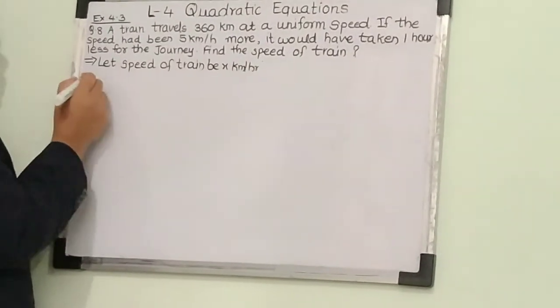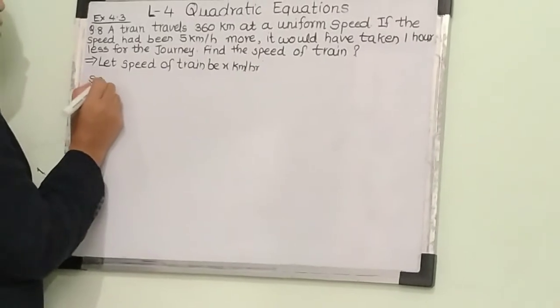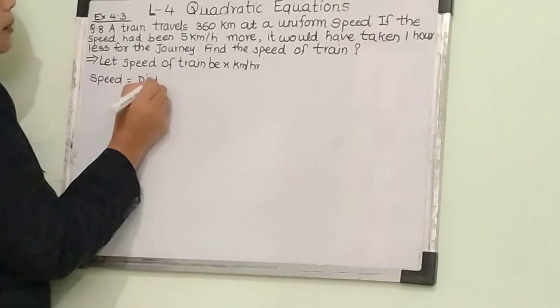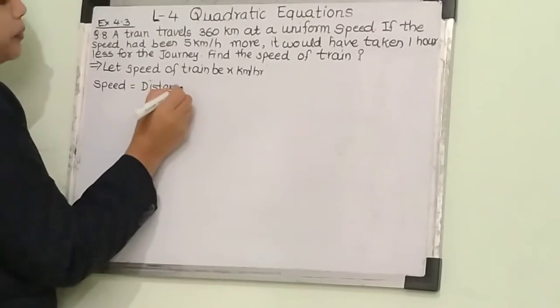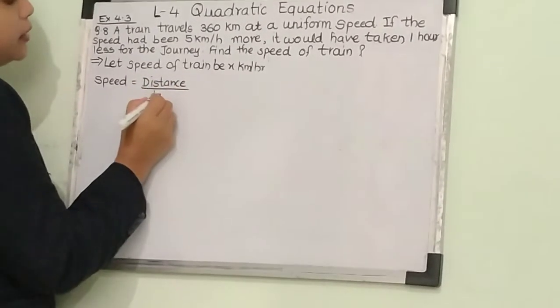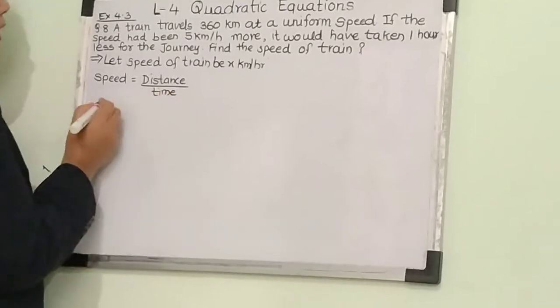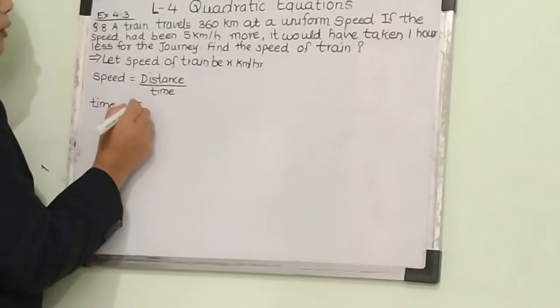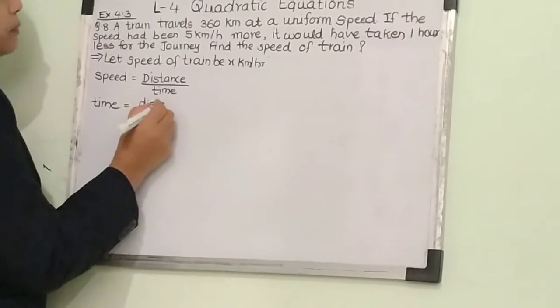Now we know that speed is equal to distance upon time. So we can write that time is equal to distance upon speed.